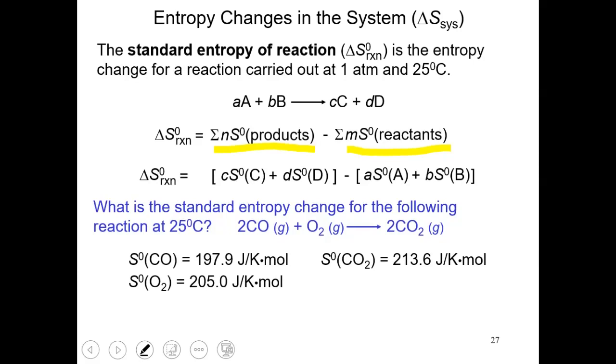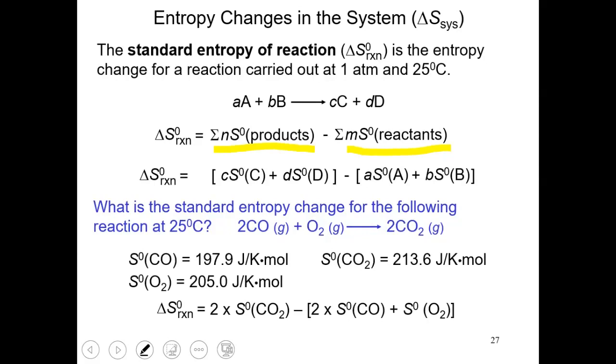So let's calculate the standard entropy change. Products minus reactants, but remember we have 2 CO2s. We also have 2 COs in the reactants. So let's make sure that we put those coefficients in here. So 2 times the entropy of CO2 minus the sum of 2 times the entropy of CO plus the entropy of O2. Let's put the numbers in there.